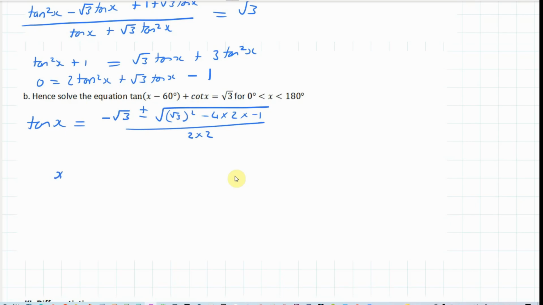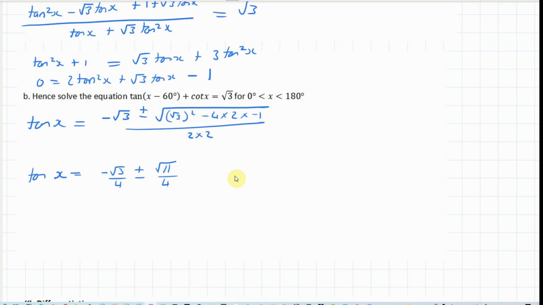And I'm going to get two values, so let's put those in and see what we get. Negative square root 3 over 4 plus or minus 3 plus 8, 11, so square root 11 over 4. So those are our two values for tan x.